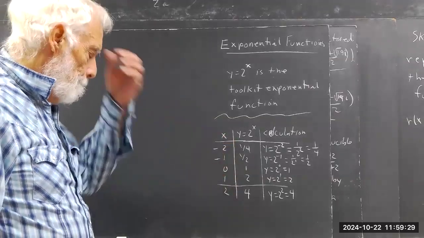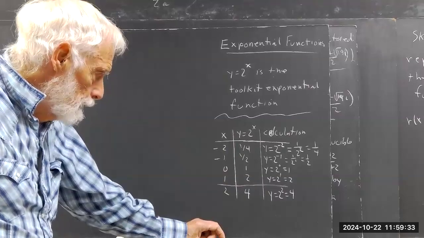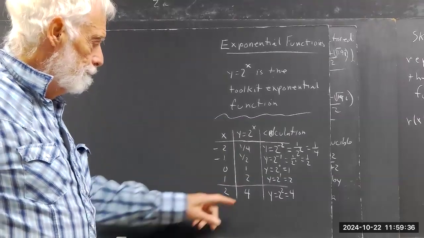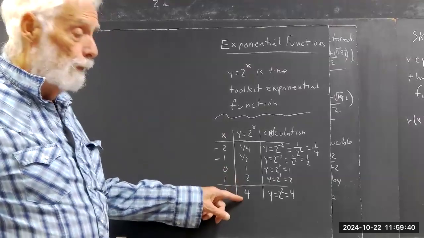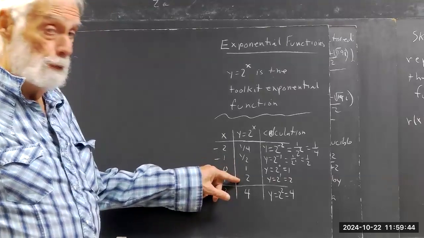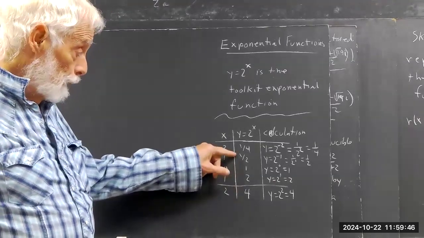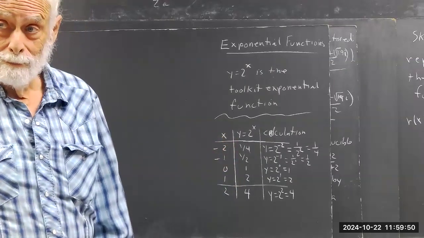Now, if we look at this series of numbers, 2 is half of 4, isn't it? And 1 is half of 2, and 1/2 is half of 1, and 1/4 is half of 1/2.